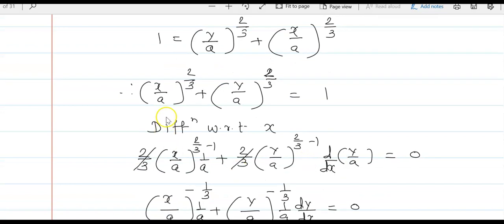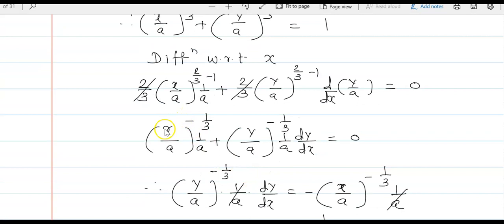(x upon a) raised to 2 upon 3 plus (y upon a) raised to 2 upon 3 is equals to 1. Now differentiate this with respect to x, that is 2 upon 3 (x upon a) raised to 2 upon 3 minus 1 into derivative of x upon a, which is 1 upon a, plus 2 upon 3 (y upon a) raised to 2 upon 3 minus 1 into derivative of y upon a, is equals to 0.